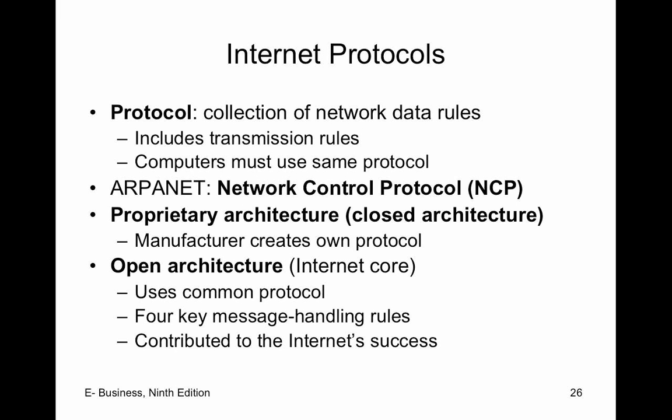Now, another thing which characterizes the internet is that it's an open architecture. When you say open architecture, it simply means that the internet is something which everybody can see how it works.